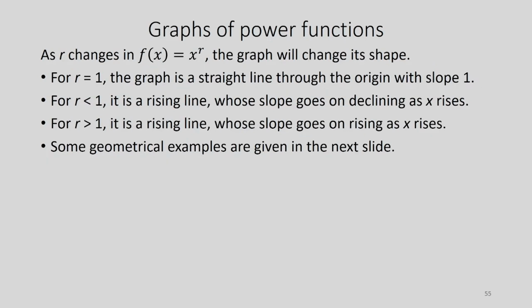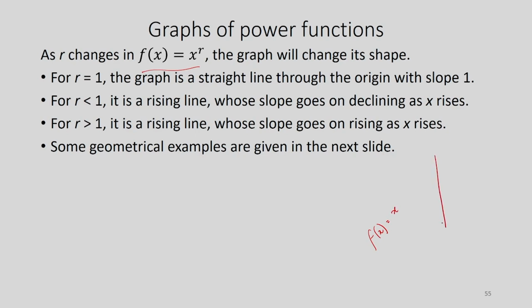Graphs of power functions. Now, in this form f of x is equal to x to the power r, as r changes, the graph changes its shape. If r is equal to 1, then what you have is f of x is equal to just x. Okay.